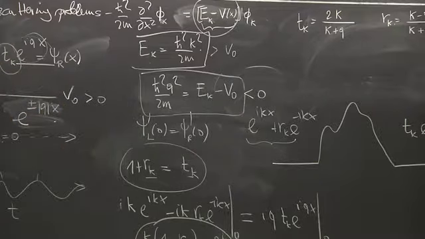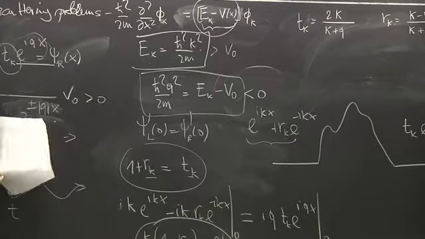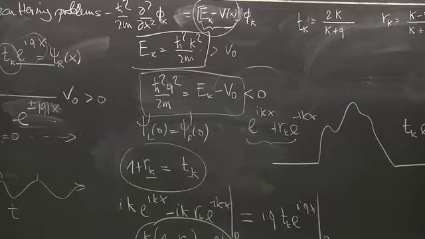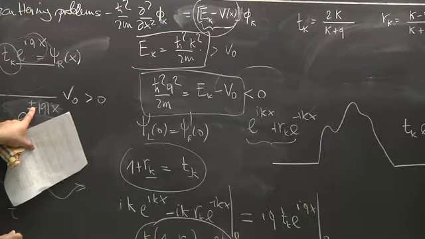Which one would you select? The decaying, not the exploding, right? For a very simple reason. The exploding one cannot be normalized. It's much worse than the plane wave. The plane wave has modulus 1. It's not normalizable because you are integrating over an infinite volume. Here, the probability of finding the particle far away is growing with the plus, okay?